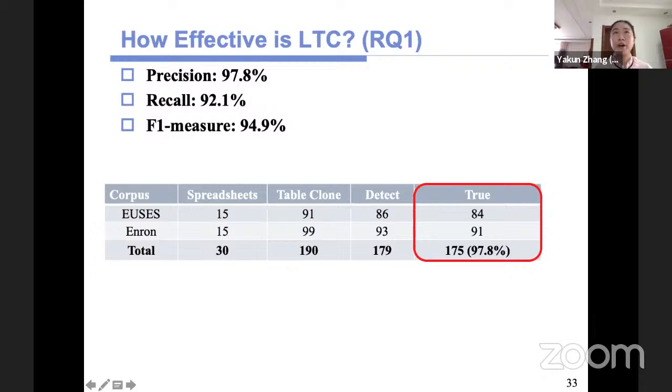We invited two volunteers, who are two master students, and the fourth author to make a data set, and this is our ground truth. The data set shows that in this spreadsheet there are so many table clones, and the table clones are shown here. We ran our tool, and we compared our result with the ground truth.